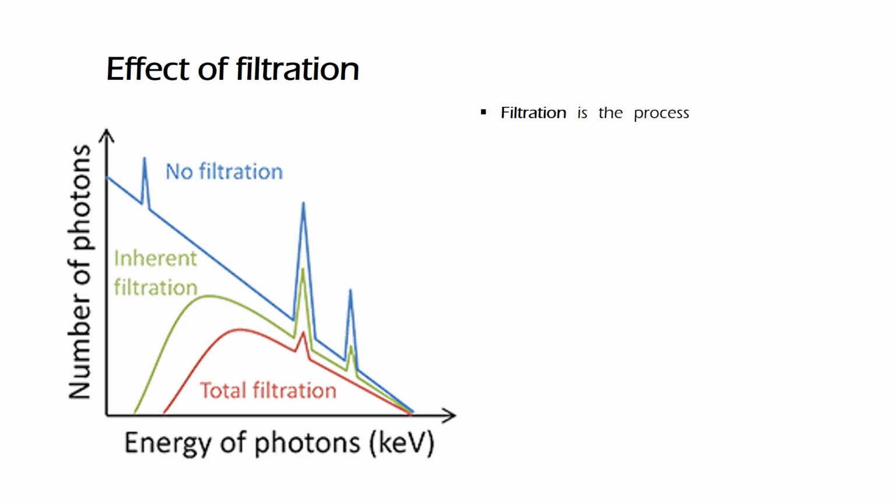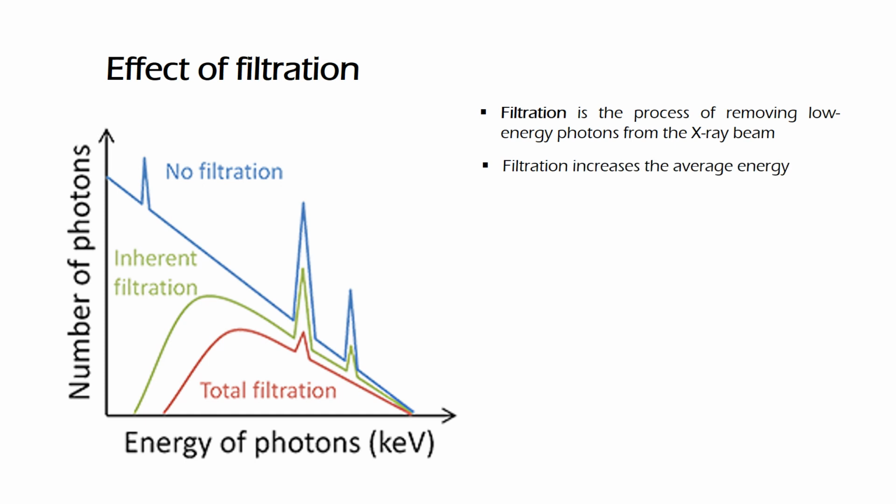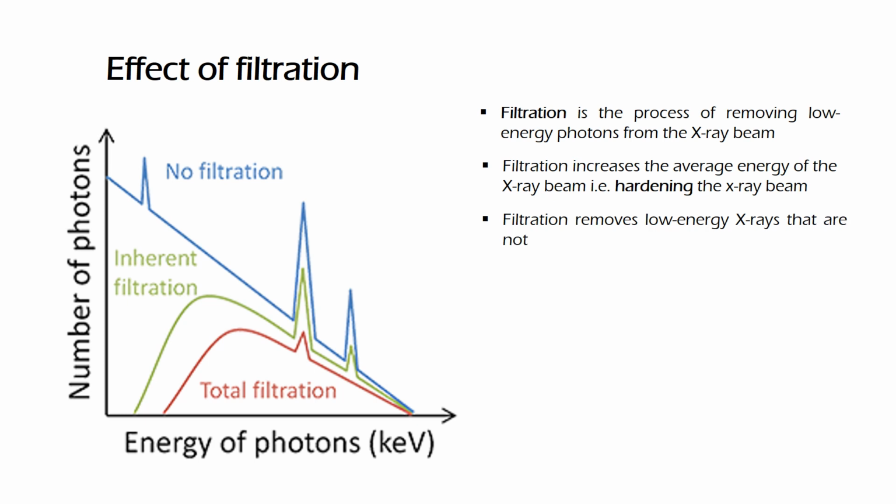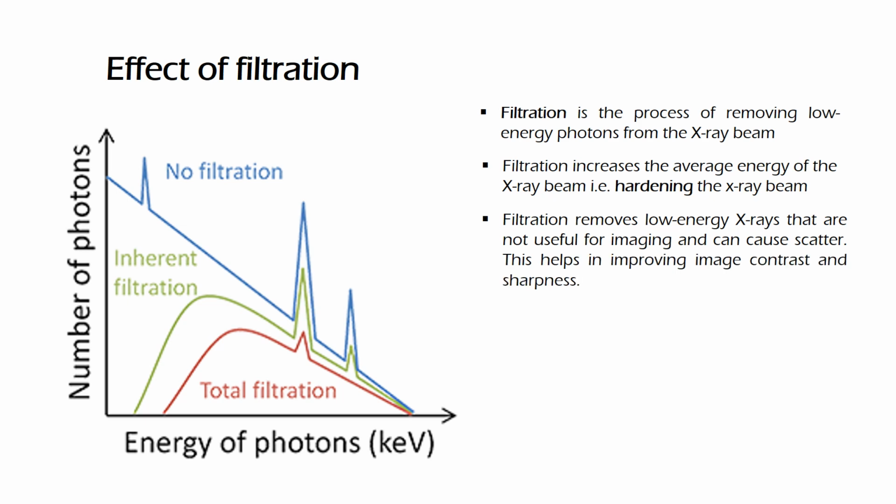Filtration is the process of removing low-energy photons from the X-ray beam. Filtration increases the average energy of the X-ray beam, that is, hardening the X-ray beam. Filtration removes low-energy X-rays that are not useful for imaging and can cause scatter. This helps in improving image contrast and sharpness.